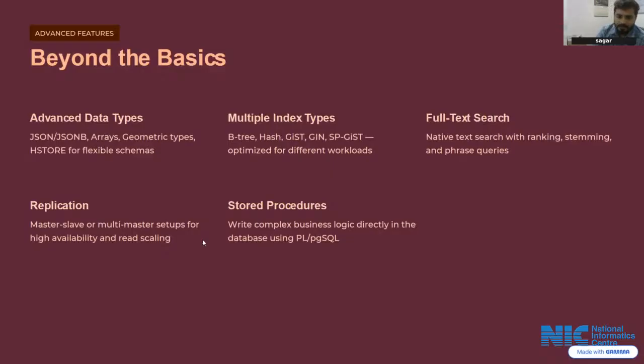Okay, with JSON you will have very limited indexing, but with JSONB you can have very flexible indexing. Different index types serve different purposes. B-tree is the default and works for most cases. But GIN is excellent for JSON and full text search also. While GiST is great for geometric data, full text search is built in, no extra tool needed.